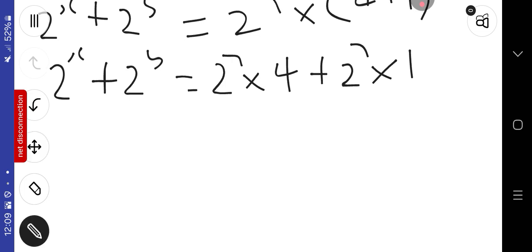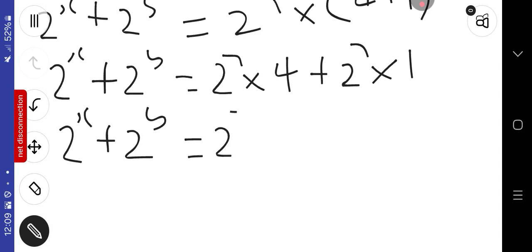So we are going to have 2 exponent x plus 2 exponent y is equal to 2 exponent 7. We can write this 4 as 2 exponent 2. So let's bring our plus. 2 exponent 7 multiplying 1 gives us 2 exponent 7.